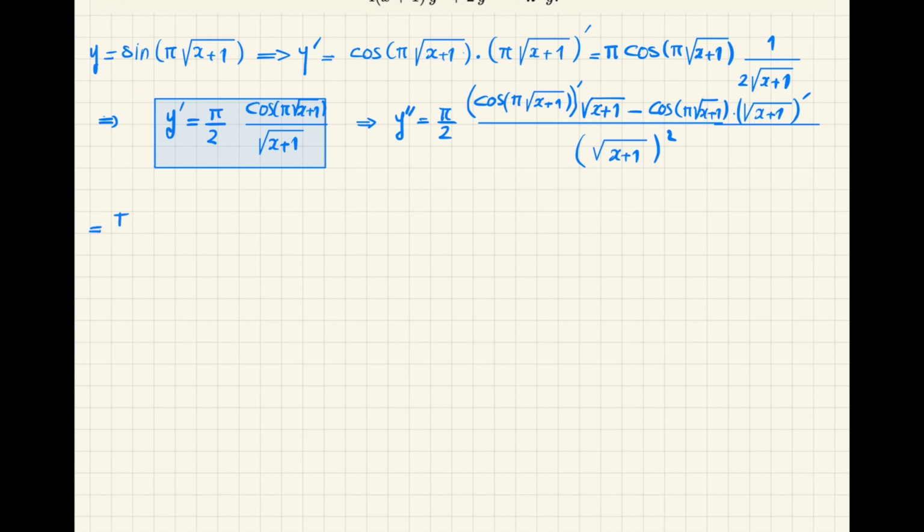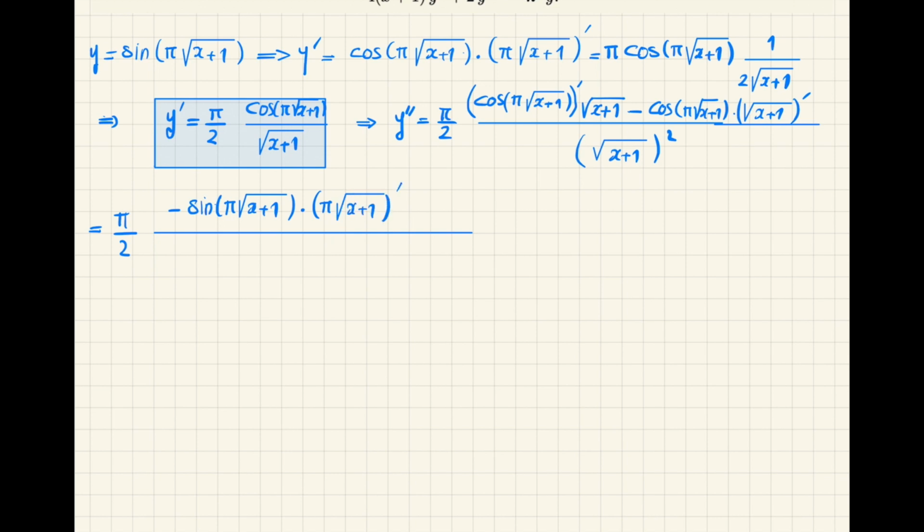So I have a pi over 2 in the beginning, and then, by the way, let me write this, so it becomes negative sine of the function u, which is this function, but multiplied by the derivative of u, which is this function.